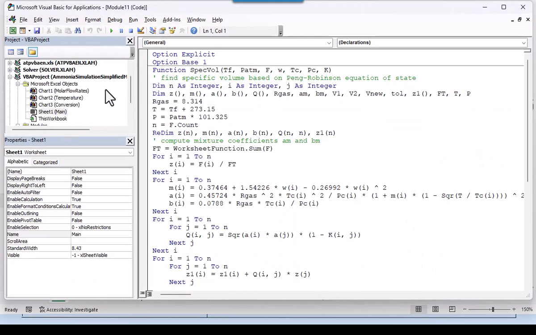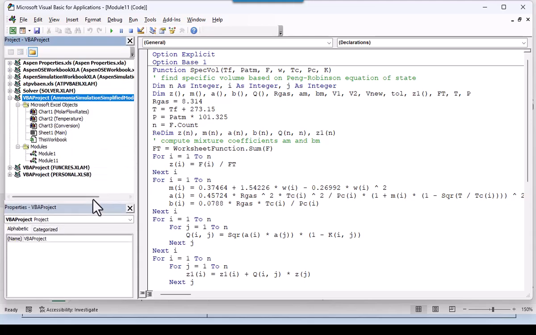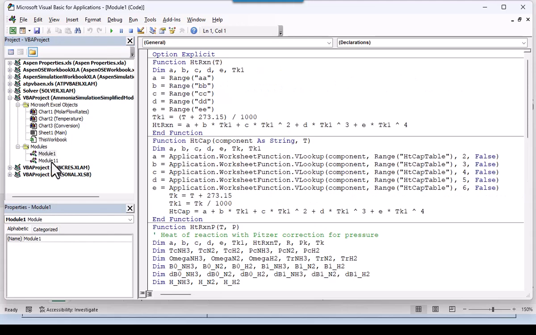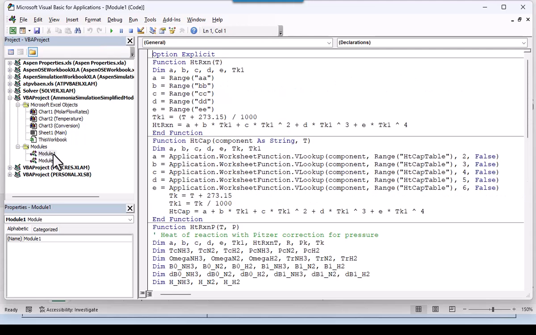All right, and this is the model, this is the workbook that we're working with, and we have module 1 and we have module 11. And so for module 1, what we're doing here is we're calculating the heat of reaction just temperature based.